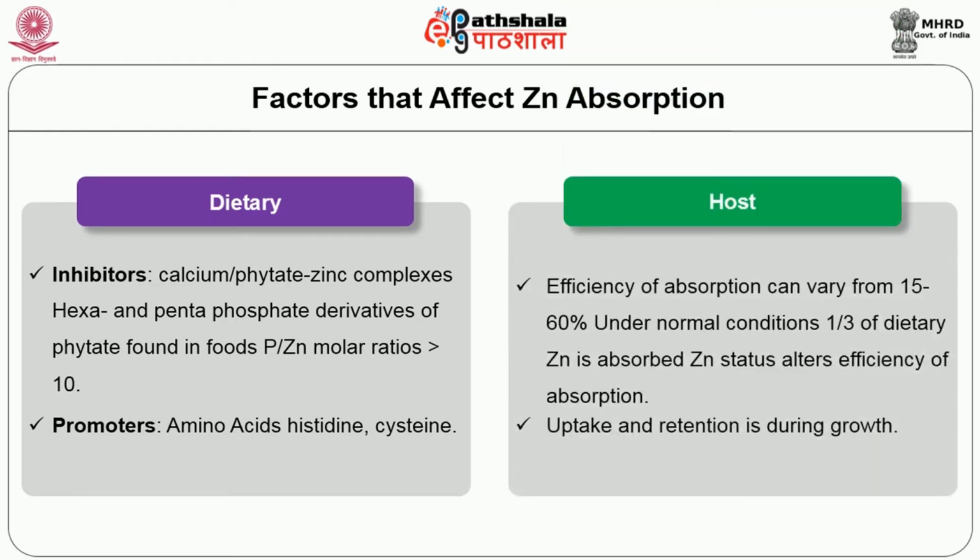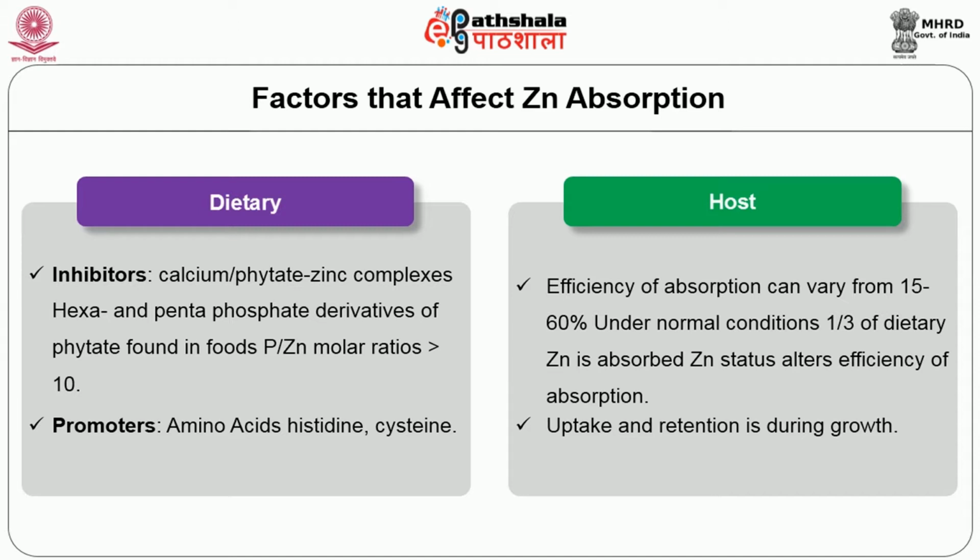Then there are host factors, that means the individual's status of zinc also influences absorption. Efficiency can vary from 15 to 60%. Under normal circumstances, only about one third of zinc is absorbed, that is about 30 to 35%. Zinc status alters efficient zinc absorption, that means in deficiency the absorption will be better.